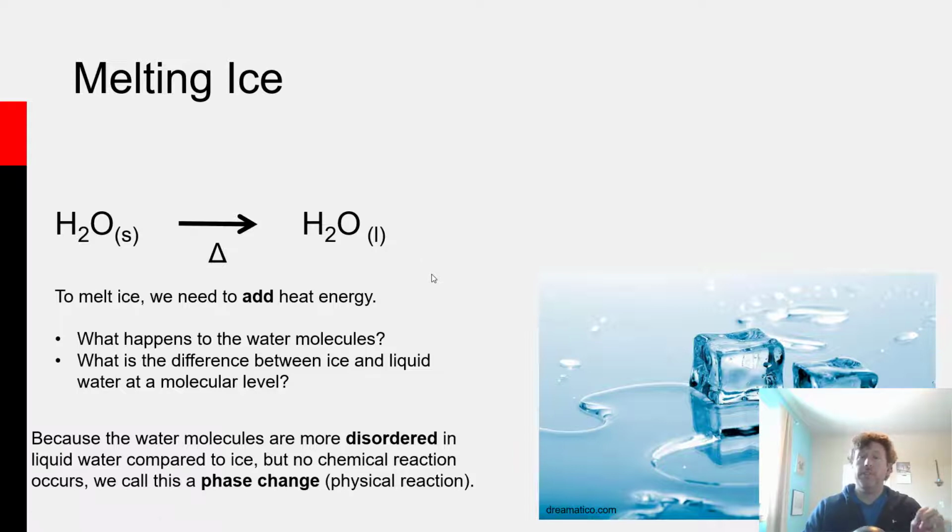Well, it's all down to disorder and arrangement in the particles and how close they are together. To get ice to melt, what we need to do is put in enough energy to overcome the attractive forces between the water molecules and spread them out and disorder them a little more.